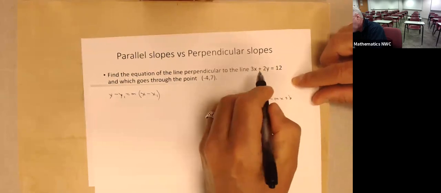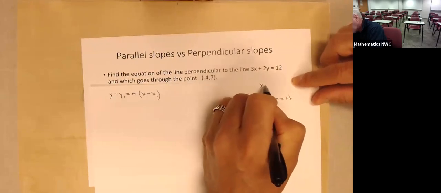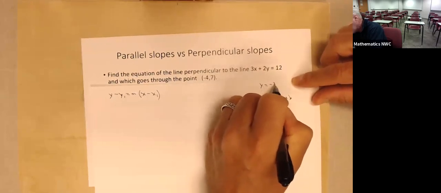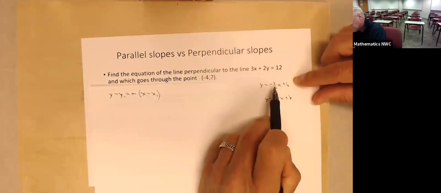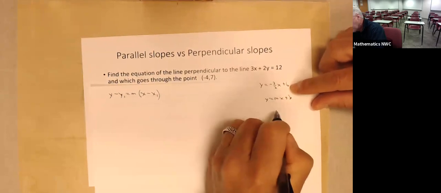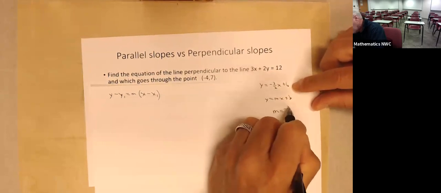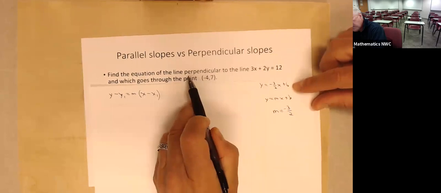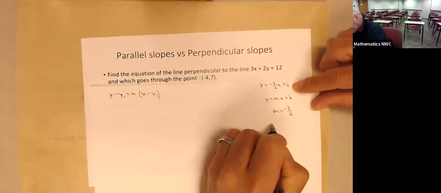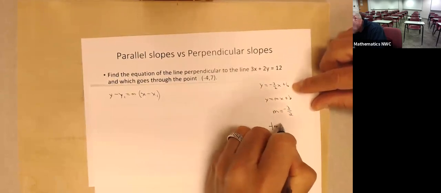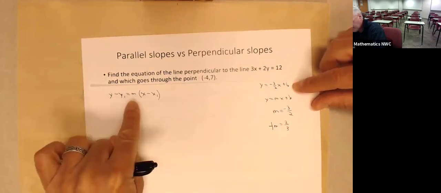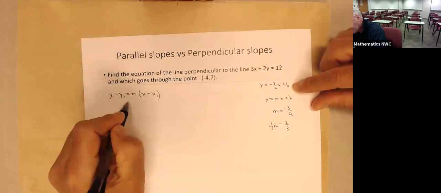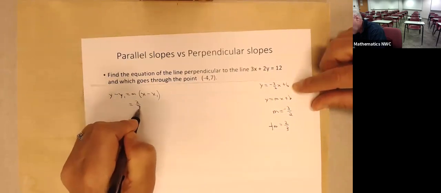So if I did solve that equation for y, it would turn out to be y = -3/2 x + 6. Slope being a -3/2. But I wanted it to be perpendicular. So I need the perpendicular slope, which would be a positive 2/3.